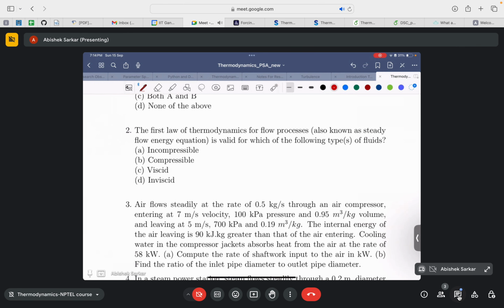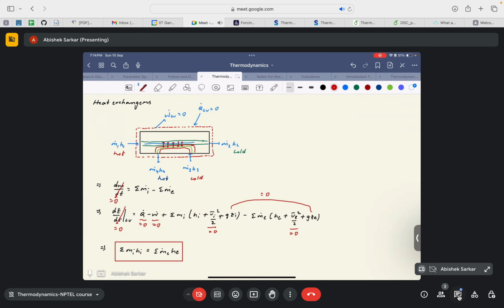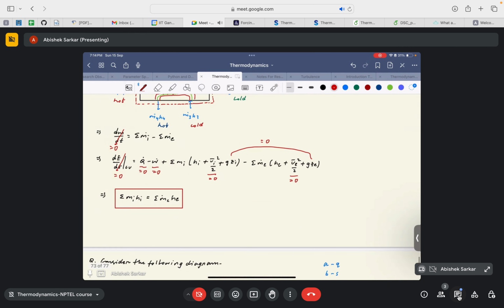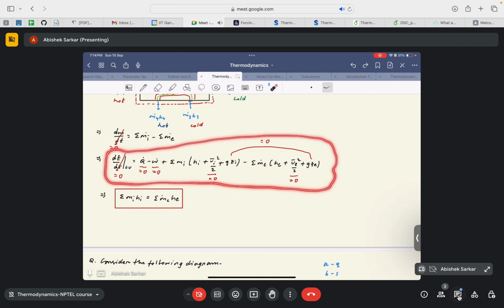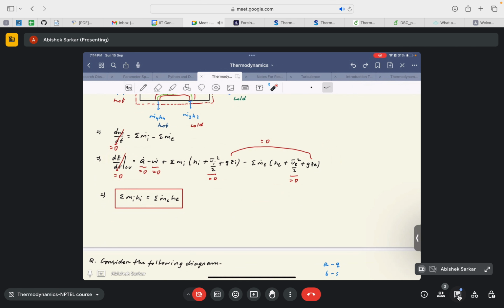Because if we go back to the equations, if we look into this equation, while deriving this equation, there is nowhere we have assumed that the fluid has to be inviscid or incompressible. So the assumption has not been imposed yet.